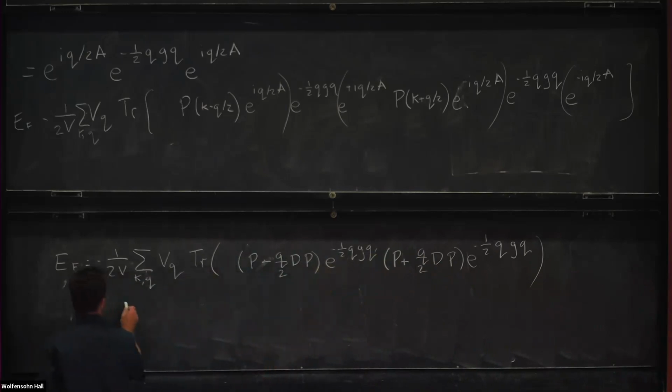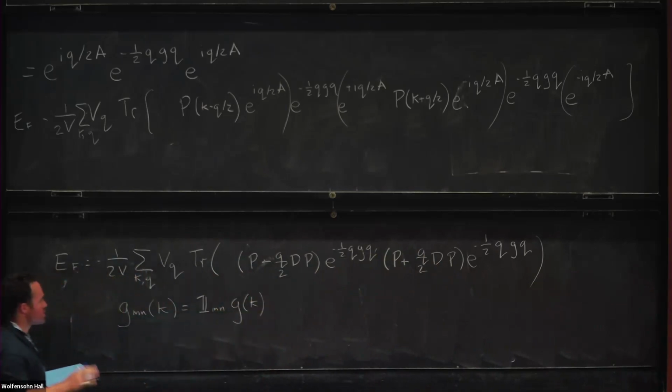Let me assume that G_mn of k is actually just proportional to the identity in the band space. Just for simplicity, let's keep track only of its magnitude to simplify things, though there are cases where the change in G with respect to the fact that it's not the identity is also interesting. Let me just make this approximation.